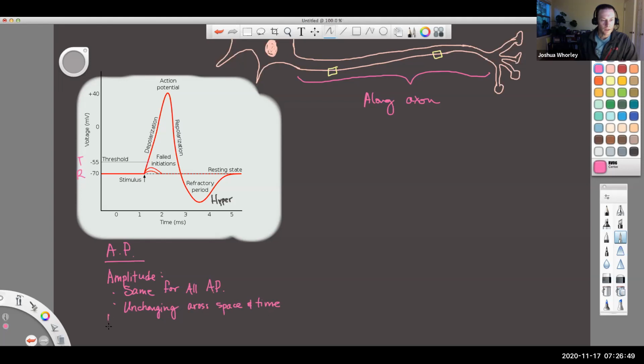The duration of it is the same, right? Always the same. So for all action potentials, the timing it takes to complete them, that time period, is always the same.